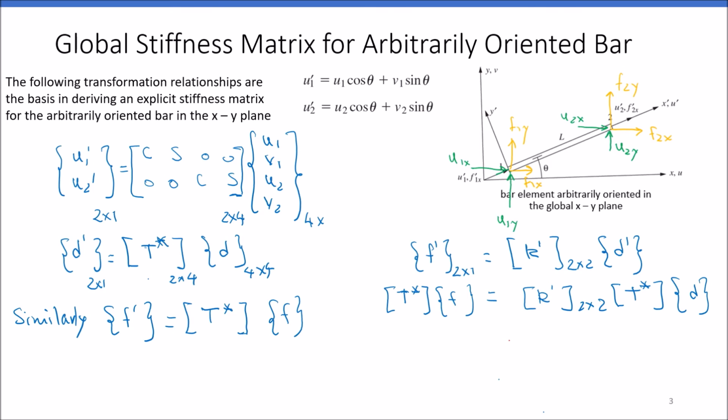So we want to make T star a square matrix to find its inverse.